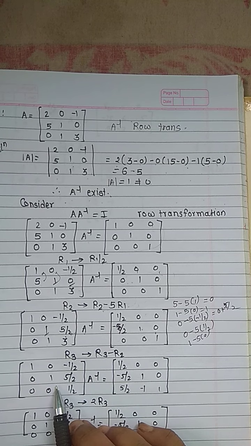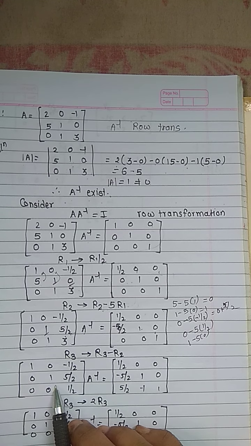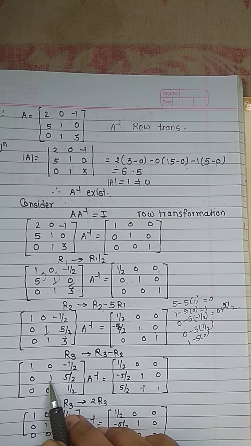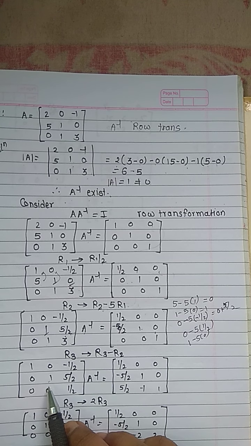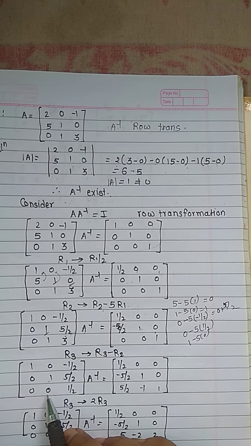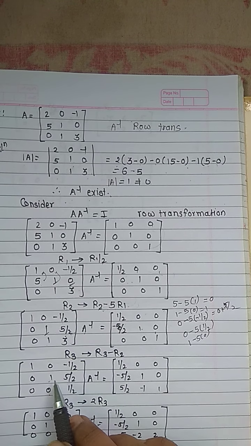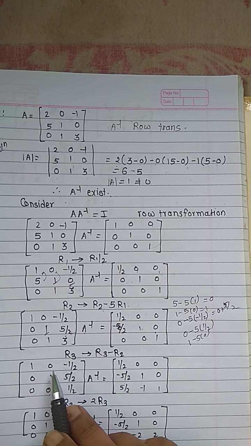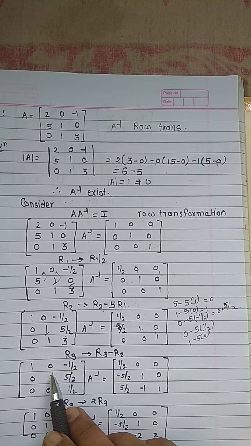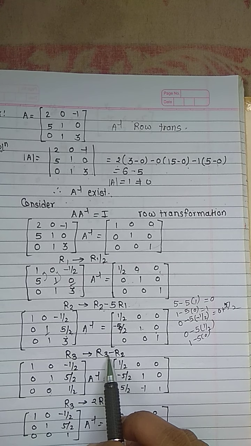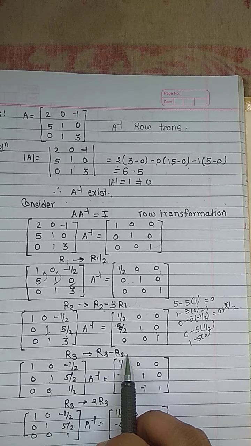Next step, A22 position element 1. These elements are already here. Next step, convert A32 position element to 0. These elements are also already here. Therefore, next step, A32 elements convert into 0 using the operation R3 minus R2.